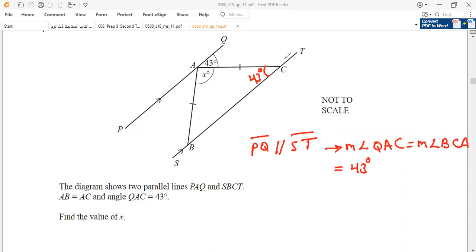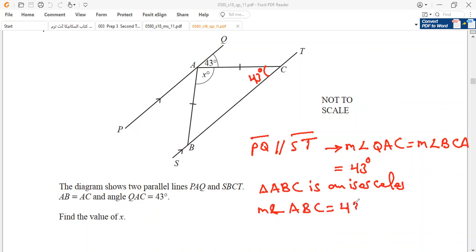As AB equals AC, so we have this triangle ABC is an isosceles triangle. So the measure of angle ABC also will be 43 degrees. To find the value of x, we subtract the sum of the two angles.